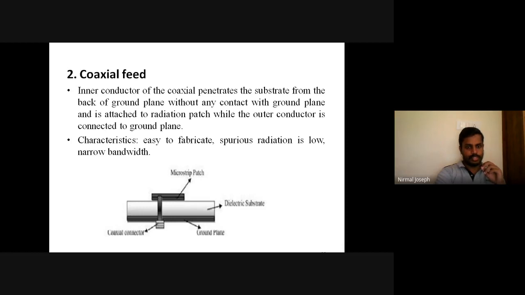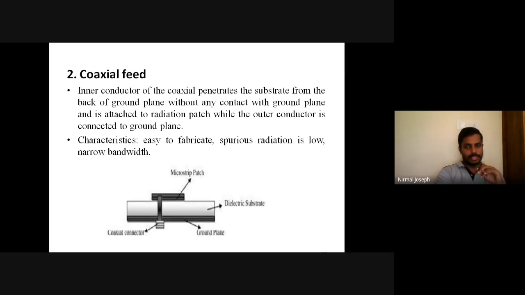So in coaxial feed, one coaxial connector or coaxial cable will be there. The inner conductor goes directly to the microstrip patch without any contact with the ground plane, and the outer conductor is connected to the ground plane. This is the coaxial feed technique.